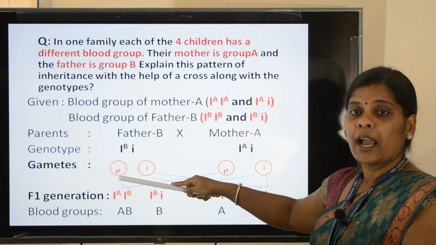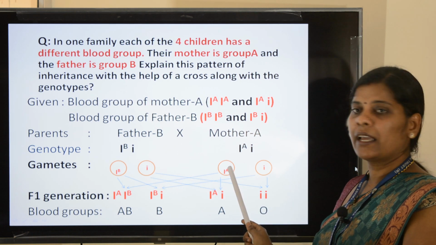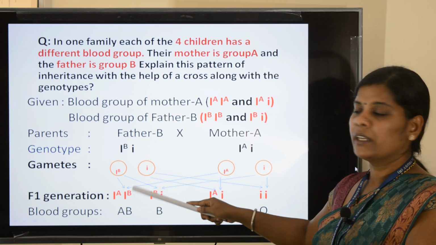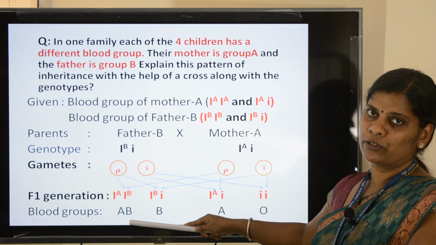Sperm carrying IB allele combined with egg carrying IA allele, then possible genotype is IA IB, phenotypically it is AB blood group.